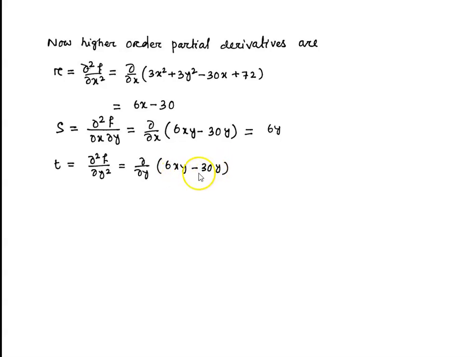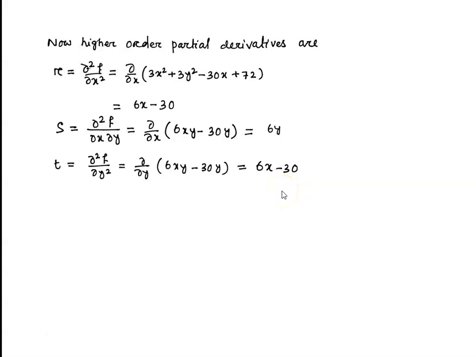Now the partial derivative of this with respect to y is 6x minus 30. Now our r is 6x minus 30, our s is 6y, and t is 6x minus 30.